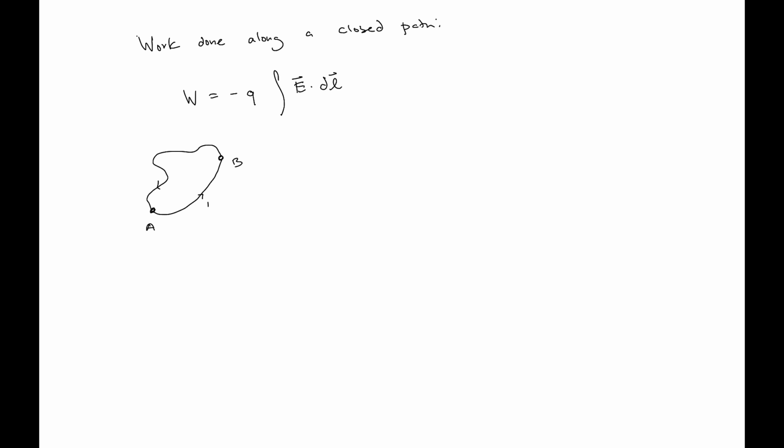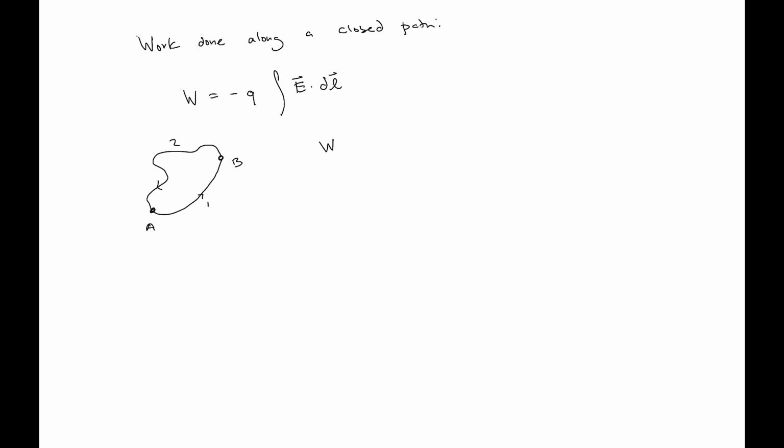Let's think about the work done along a closed path. If I want to calculate the work done along a closed path, I'm going to do the same thing. I could think about going from A to B, maybe along this path here, and then I'm going to come back along path 2.